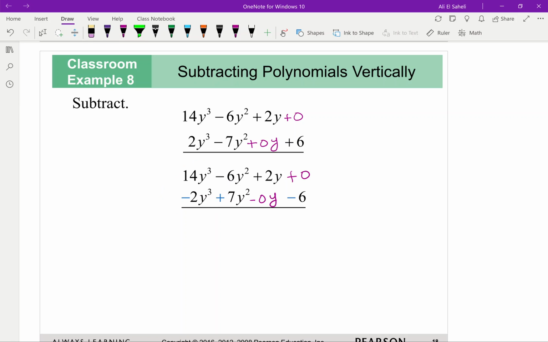So this minus this is 12y cubed. This plus this, minus 6 plus 7, is plus y squared, plus 2y, because 2 minus 0 is 2, and 0 minus 6 is minus 6.